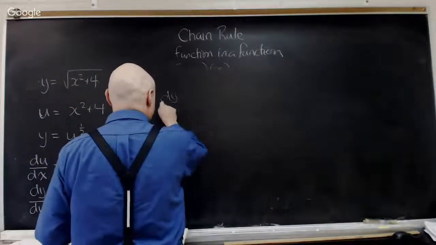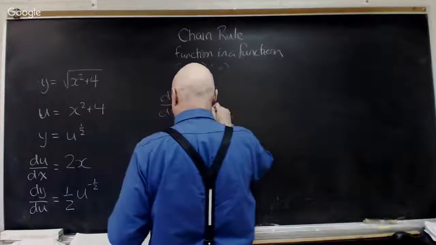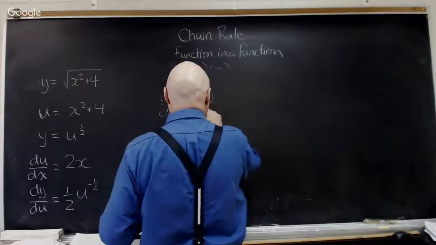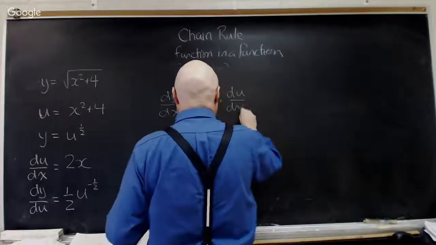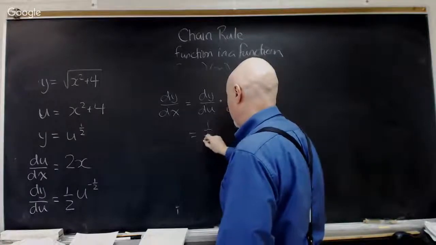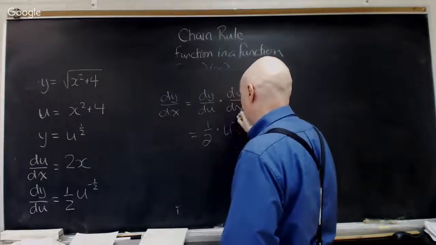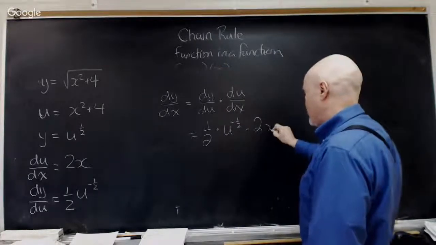Now I'm all ready to say dy/dx is equal to dy/du times du/dx. And so this is 1/2 times u to the exponent negative 1/2 times 2x.